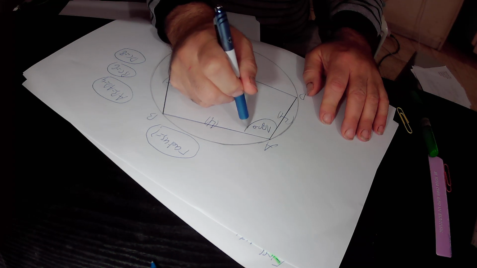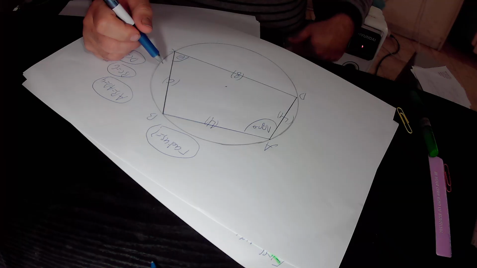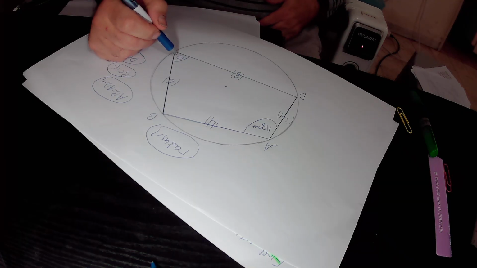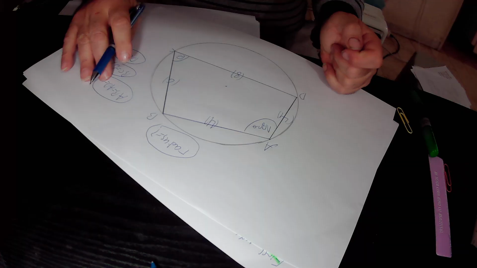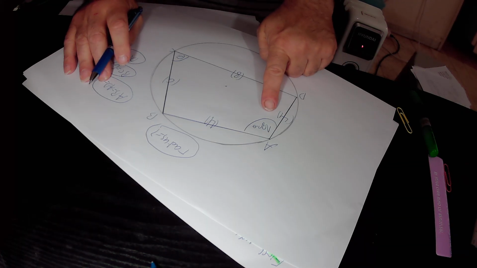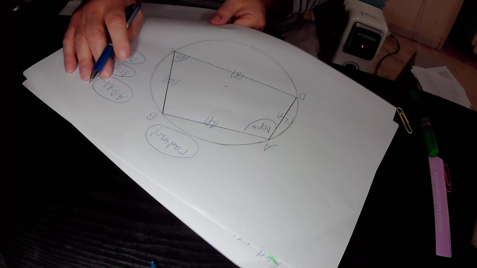Because 180 degrees minus theta plus theta equals 180 degrees, the sum of those two opposite angles in the cyclic quadrilateral ABCD. Therefore, this missing angle must be equal to 180 degrees minus theta according to rule 70.